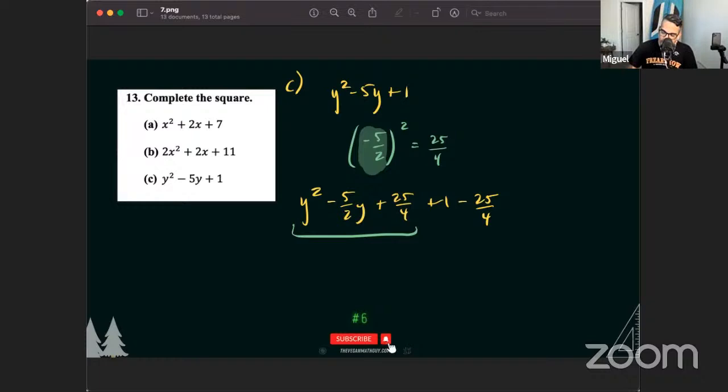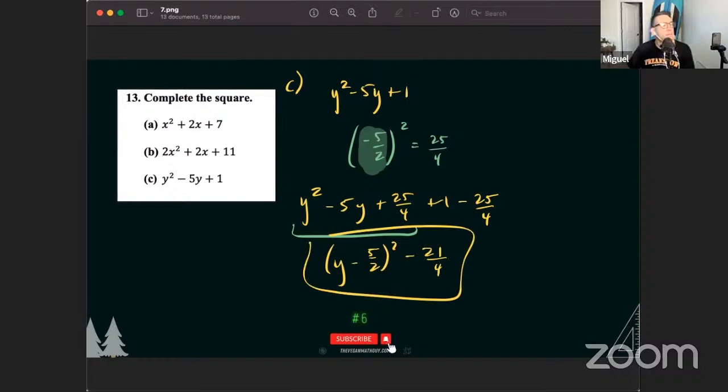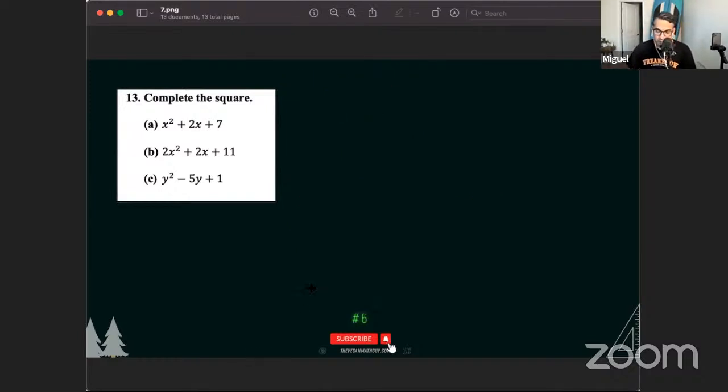And if we add that together, it should be -5. And I realized I wrote my equation wrong. Let me just go ahead and rewrite it now. So this is just a -5. So what two numbers multiply to 25/4 and add to -5? That's -5/2. So now I have y minus 5/2 squared, and then I can just combine this, and I believe this is -21/4 if I get common denominators. That's completing the square. Okay, let's go to the next one.